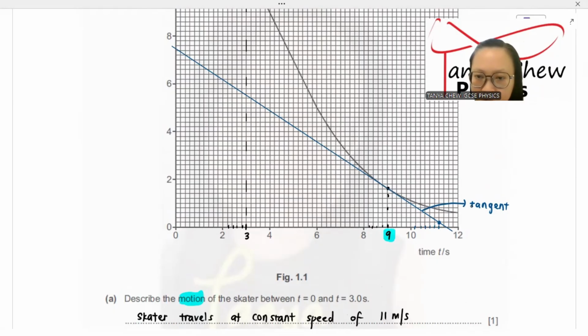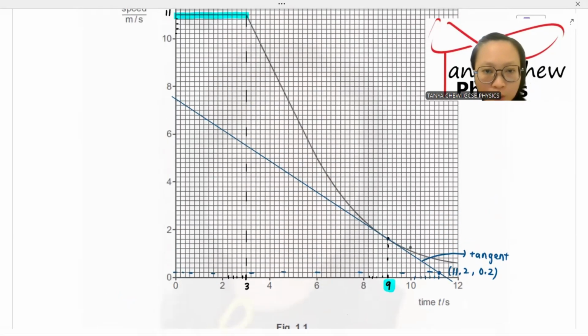The x coordinate is 11.2, and the y coordinate should be 0.2. So 0.2 here, and then the other coordinate. Let me see which one is the easier one.